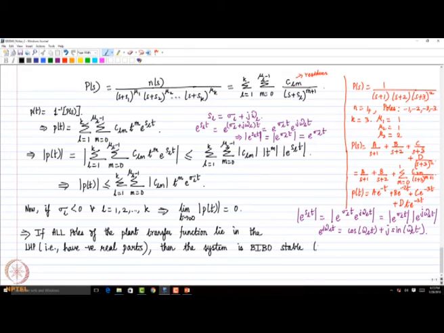Some people will say it's asymptotically stable. We are going to shortly see what that is.